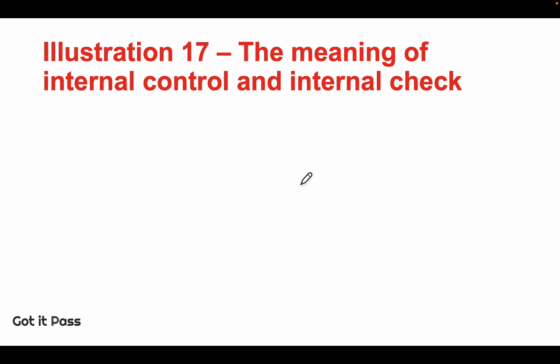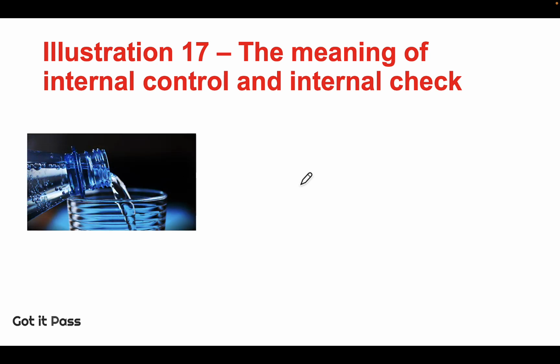Here is an example that I would like to share with you about the meaning of internal control and internal check. An example is about a bottling company, or a bottled drinks company. It sells bottled drinks to supermarkets and other retailers. The company maintains its inventories in a central warehouse.